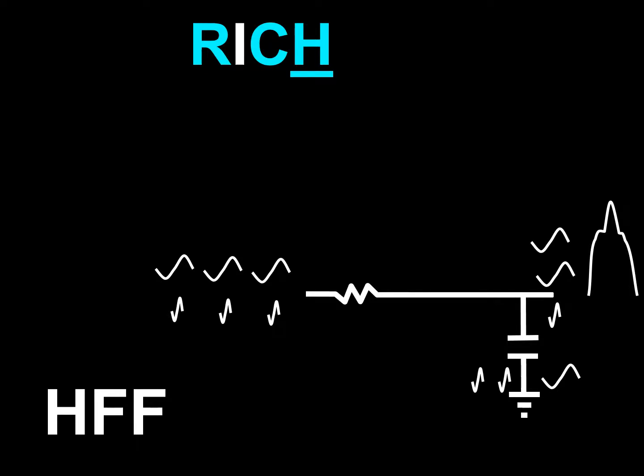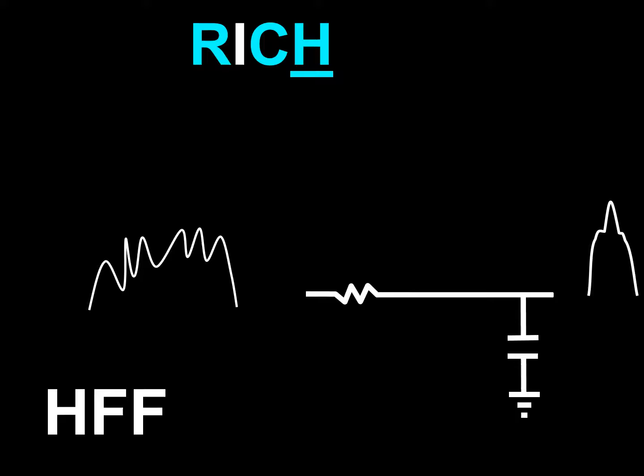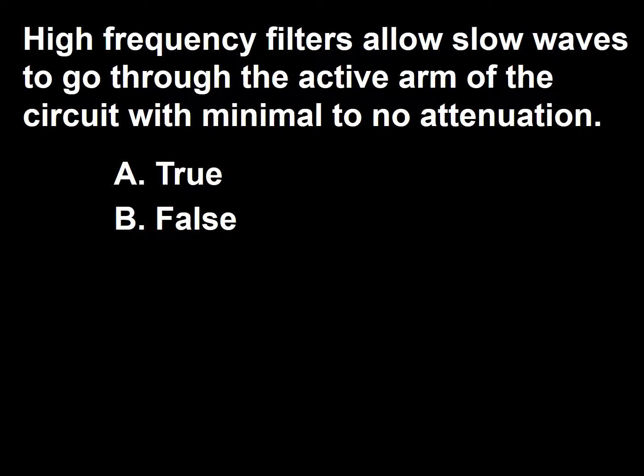The end product is the production of a wave with preservation of amplitude and reduction of fast activity. So high frequency filters, by filtering out high frequencies, will allow slow waves to pass through the active arm of the circuit and contribute to the ultimate wave. So the answer to this question is A.